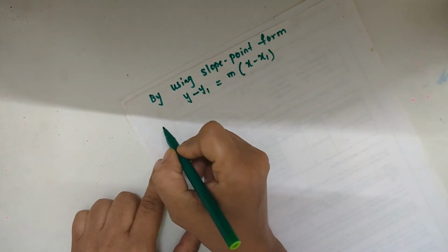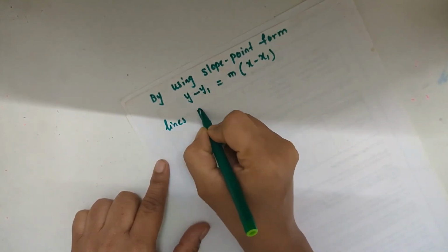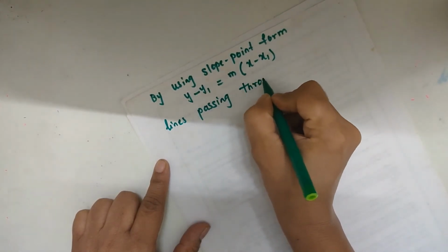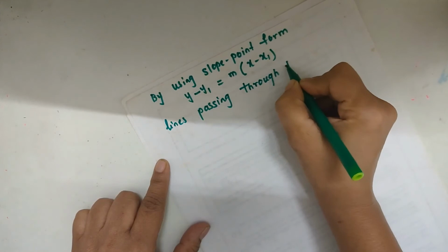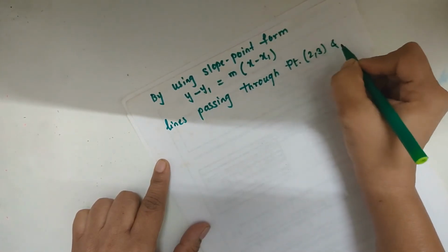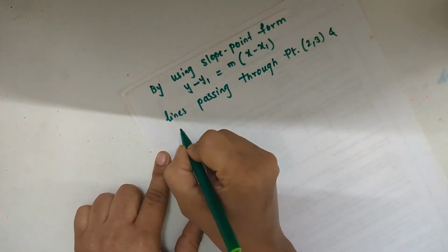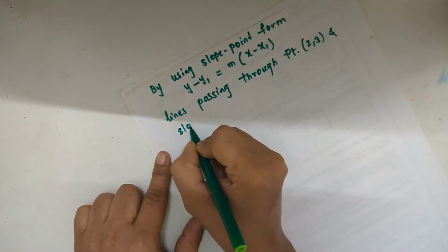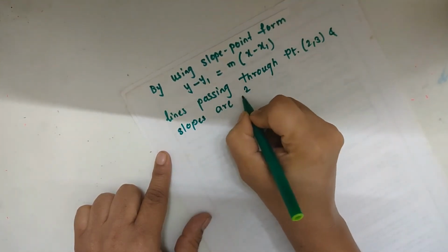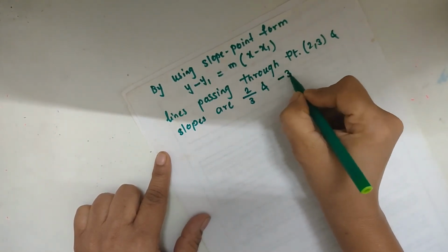Here the lines are lines passing through the point 2, 3 and slopes are 2 by 3 and the second slope is minus 3.